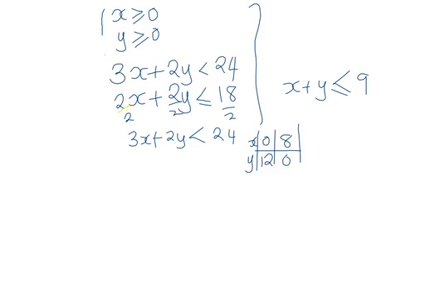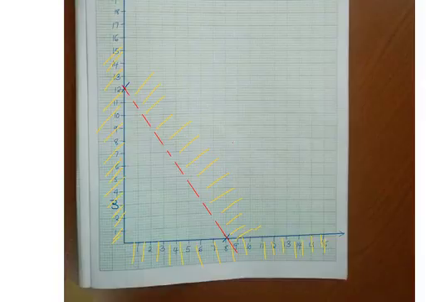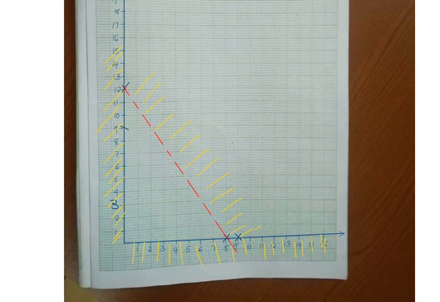So the 2 points we are supposed to plot: x is equal to 0 when y is 9, and x is equal to 9 when y is equal to 0. So we have 9 and 9 on the other side. Then we join these 2 points with a straight line.